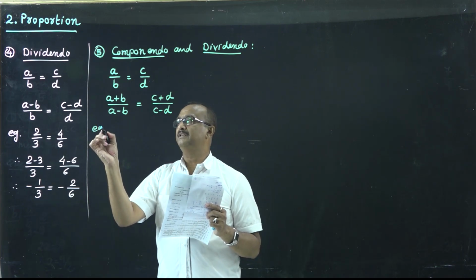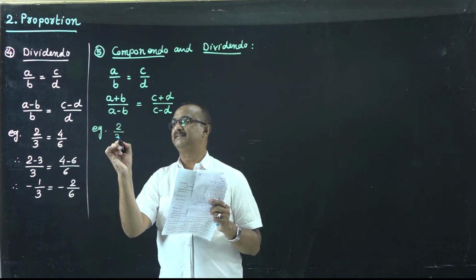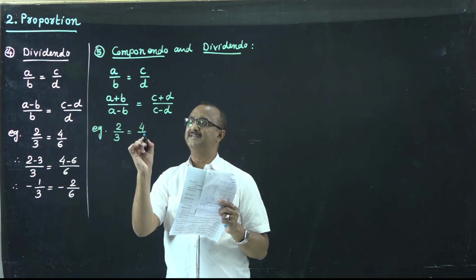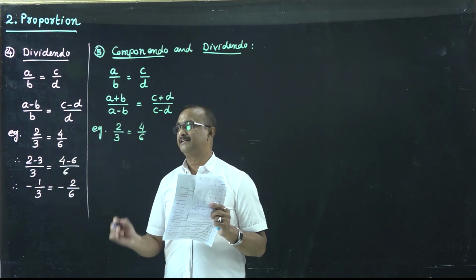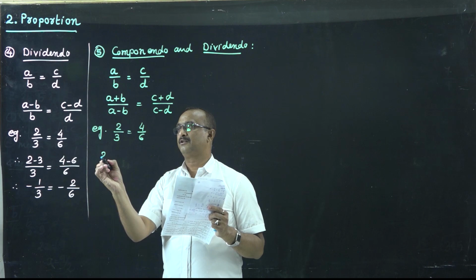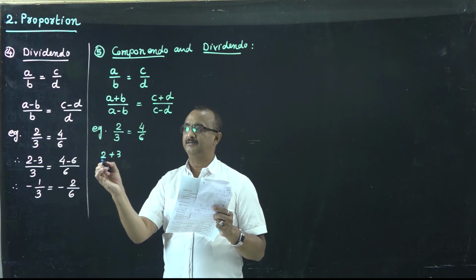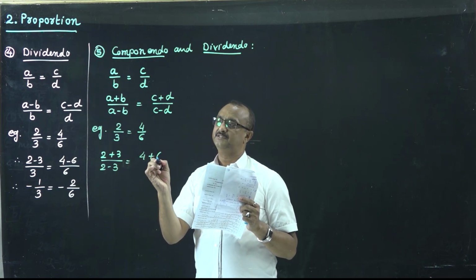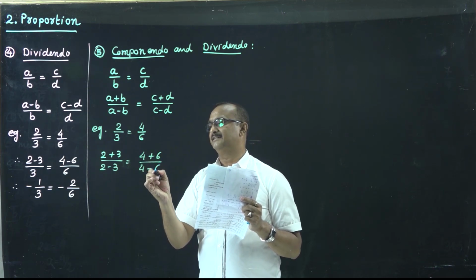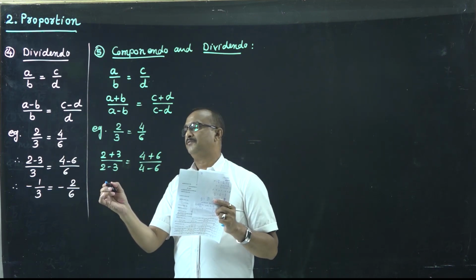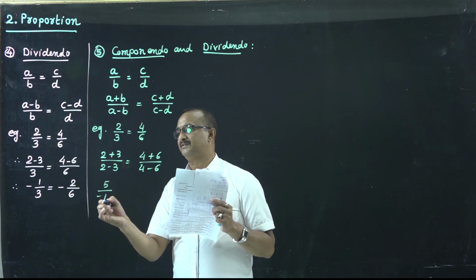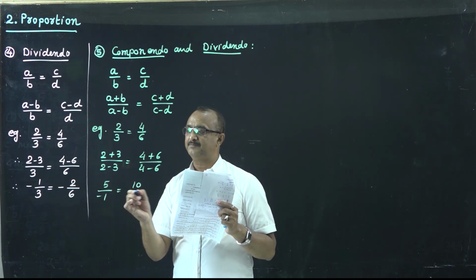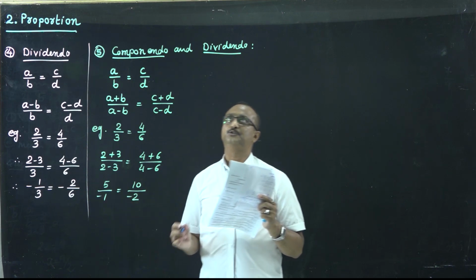For example, 2 by 3 is equal to 4 by 6. So we can apply this property as 2 plus 3 upon 2 minus 3 is equal to 4 plus 6 upon 4 minus 6. 5 upon minus 1 is equal to 10 upon minus 2.